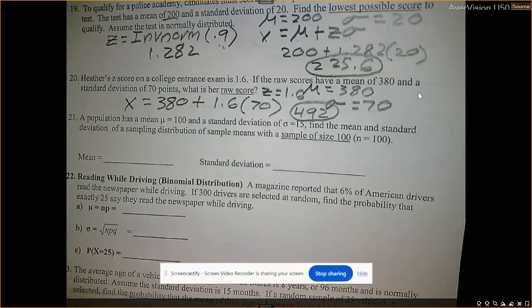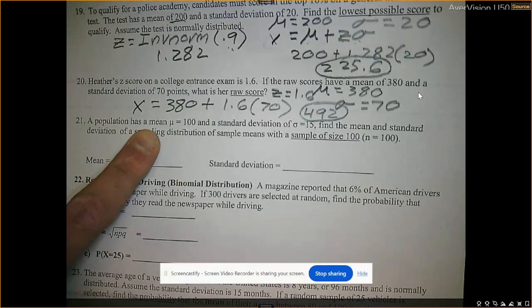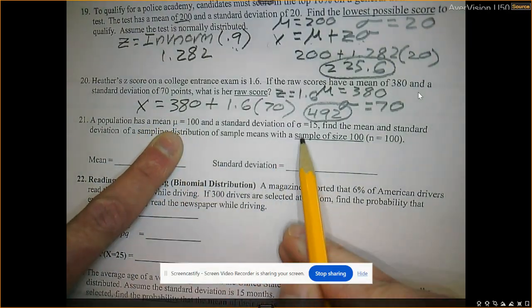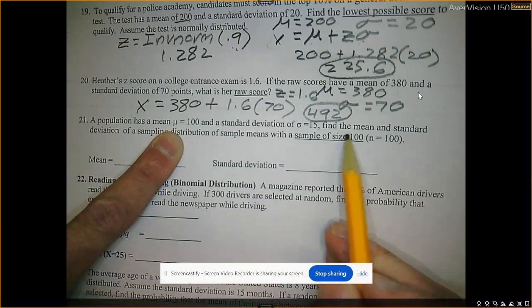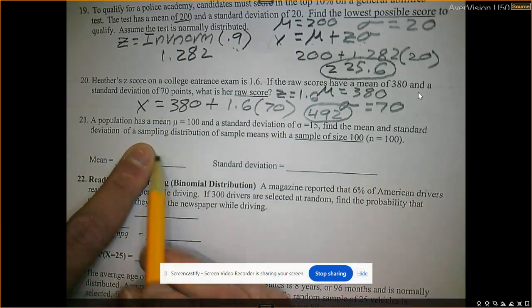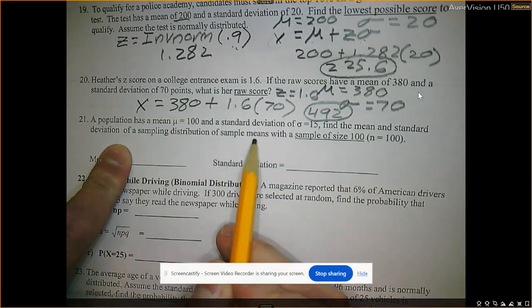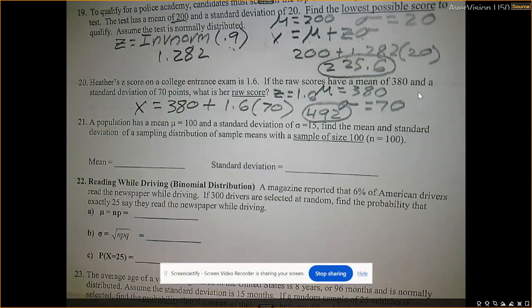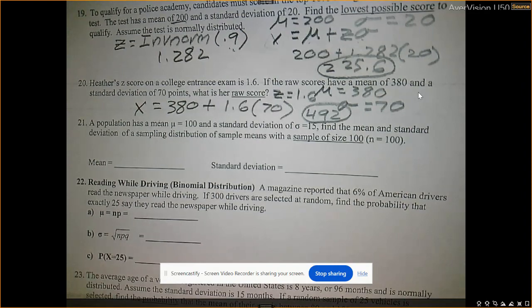For something like 21, we get into the central limit theorem. A population has a mean of 100, oops, I almost said 1,000, 100, and a standard deviation of 15. Find the mean and standard deviation of a sampling distribution of sample means with sample size of 100. Okay, so n is greater than 30 here, so you know we can use the central limit theorem.